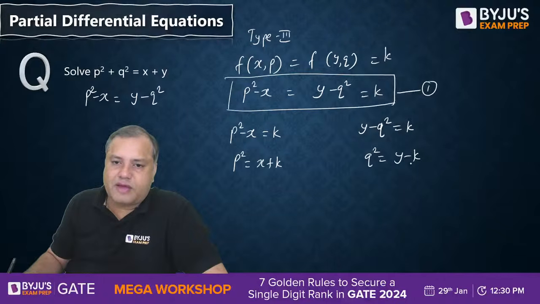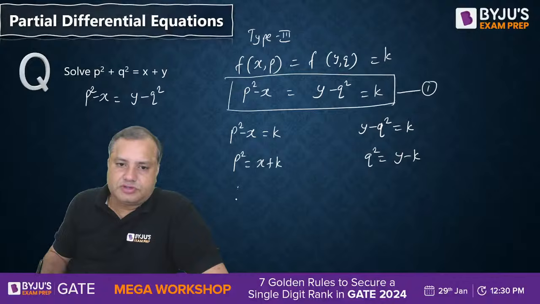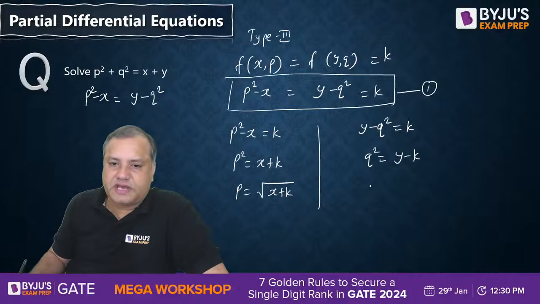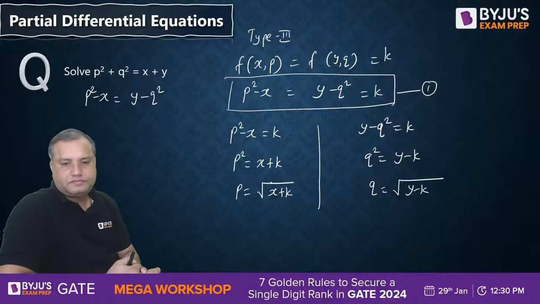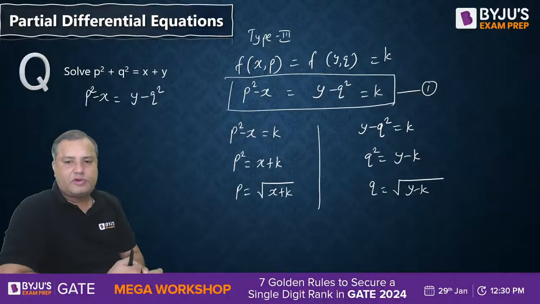Q square will be y minus k. So p will be root of x plus k and q will be root of y minus k. Comfortable till this point?